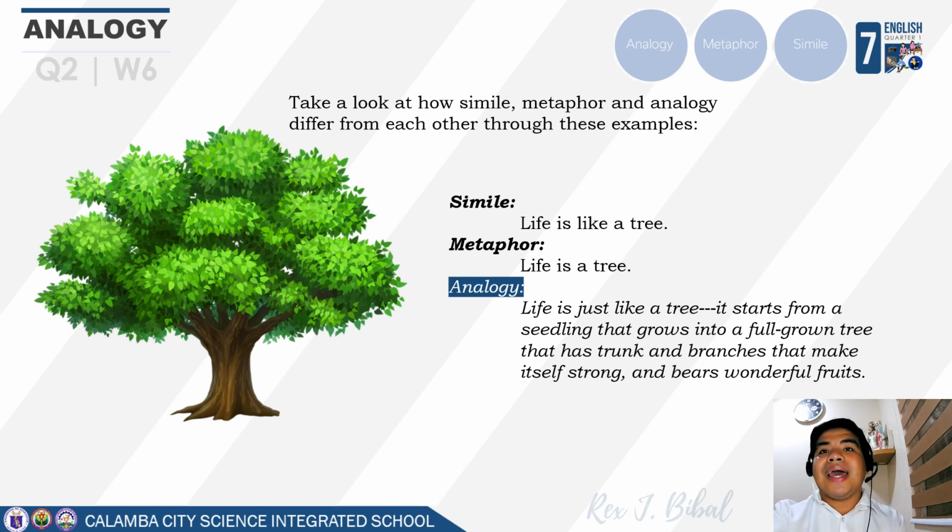We use like to join two unlike things, which are life and tree. So this is an indirect comparison, whereas metaphor is a direct comparison of two unlike objects, such as life and tree. So in metaphor, we say life is a tree.